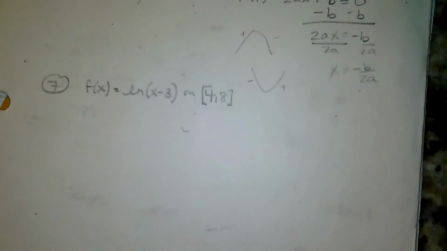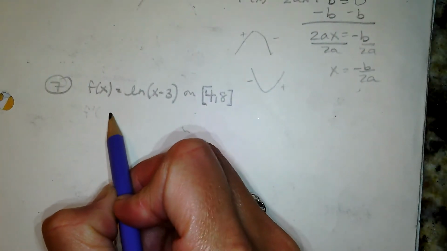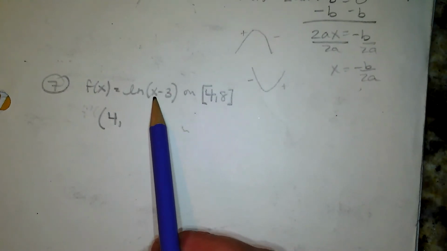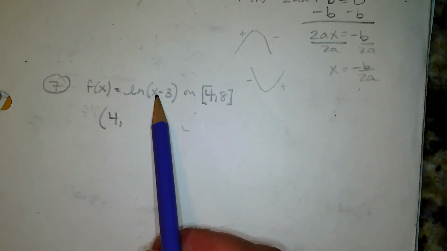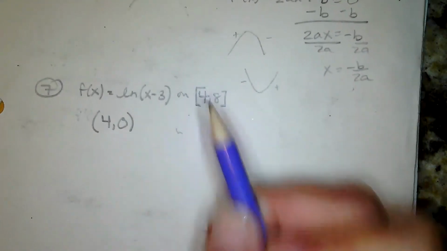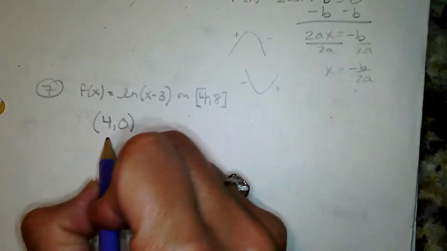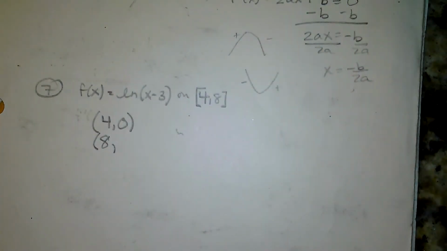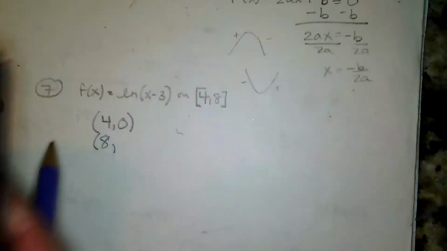When I plug 4 into the function, it gives me the natural log of 1, which is e to what power gives me 1? 0. If I plug in 8, the natural log of 5, and this is a calculator section, so I'm going to look that up.